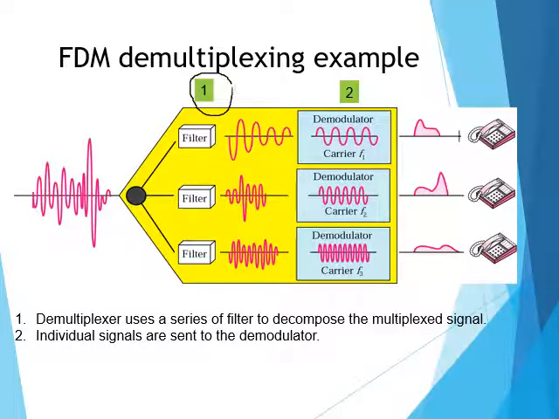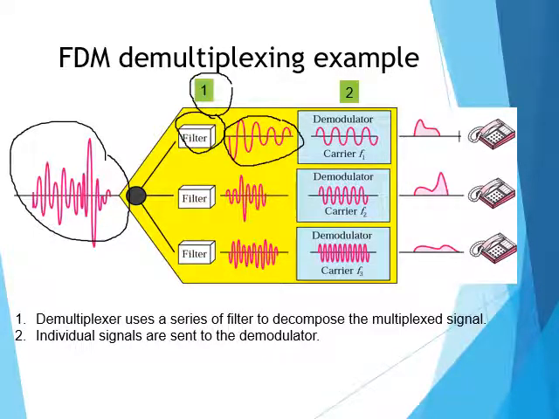Step 1, the demultiplexer uses a series of filters to decompose the multiplexed signal. By applying the filter to the composite signal received, it will produce the modulated signals. These modulated signals are sent to the second step.